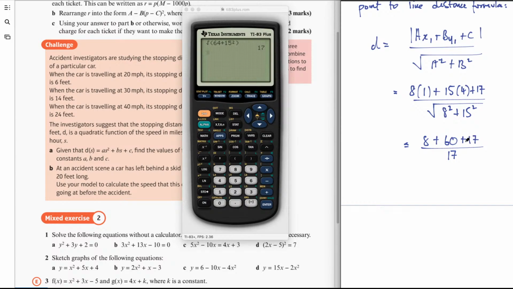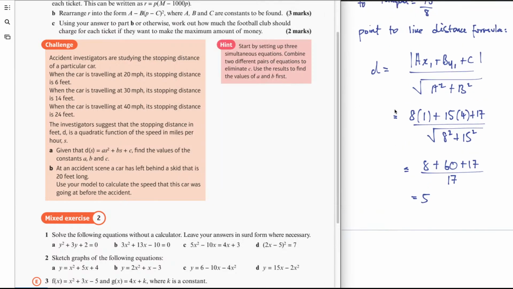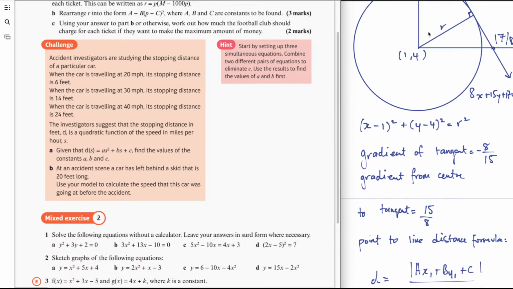What's this? 77. 85. Oh, that's going to go evenly. 5. Oh, nice. So the radius is 5.